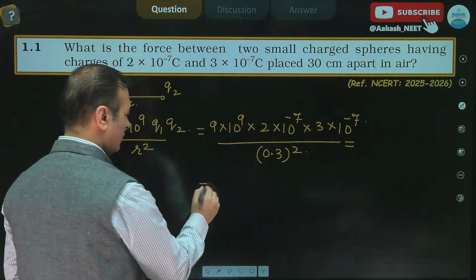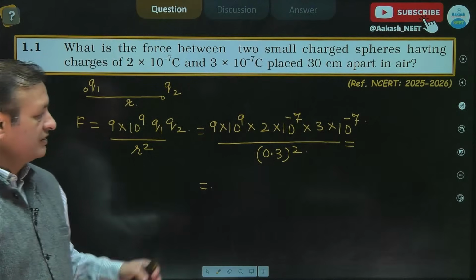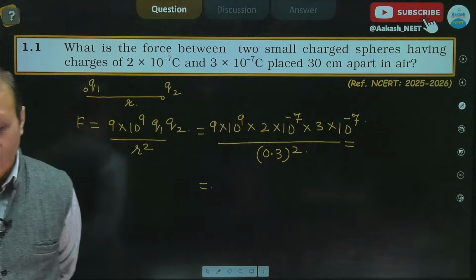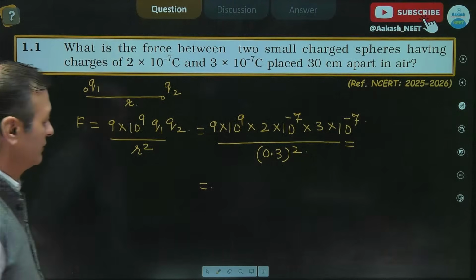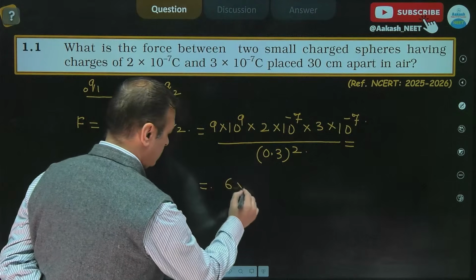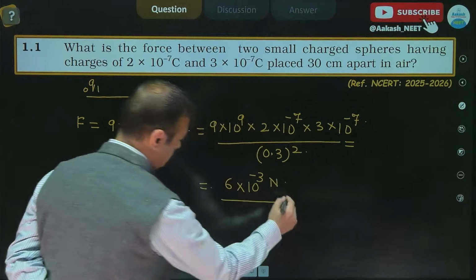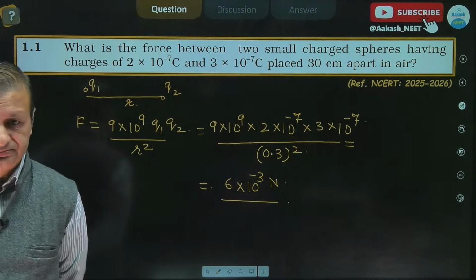Just do the calculation and multiply, go ahead. So this is 6 into 10 to the power minus 3 newtons. Any doubt from this part?